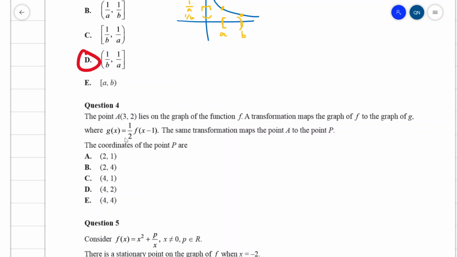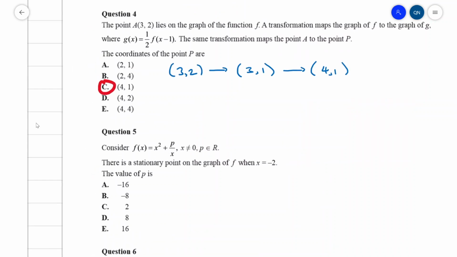We first apply the dilation by a factor of a half from the y-axis. So (3, 2) gets turned into (3, 1). So all y values get shifted down by a factor of half. Okay, and then we have an x minus 1 in here that just tells us that we're translating to the right by 1 unit. So this (3, 1) turns into a (4, 1). So it's going to be option C.